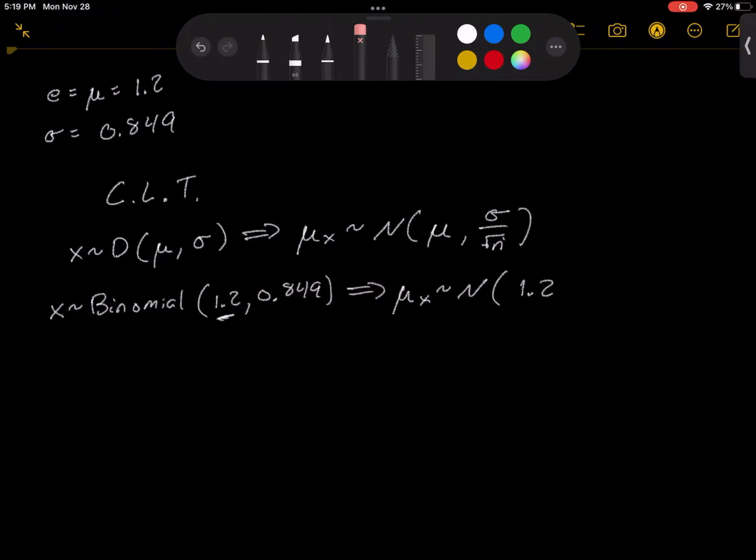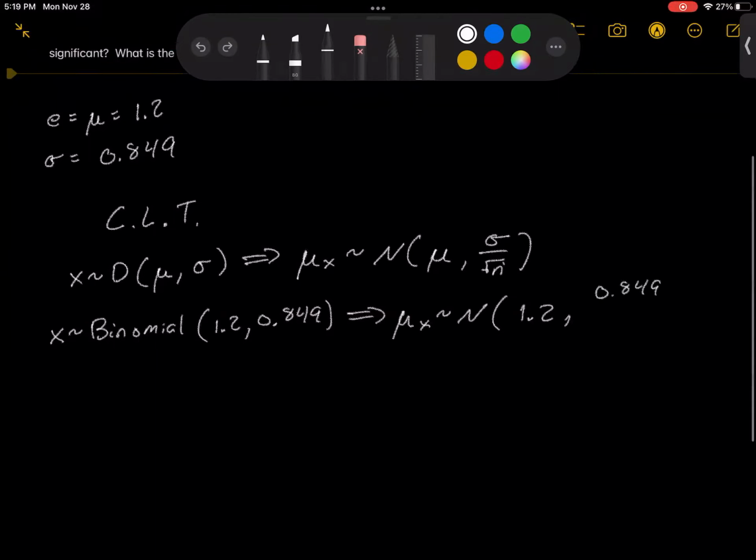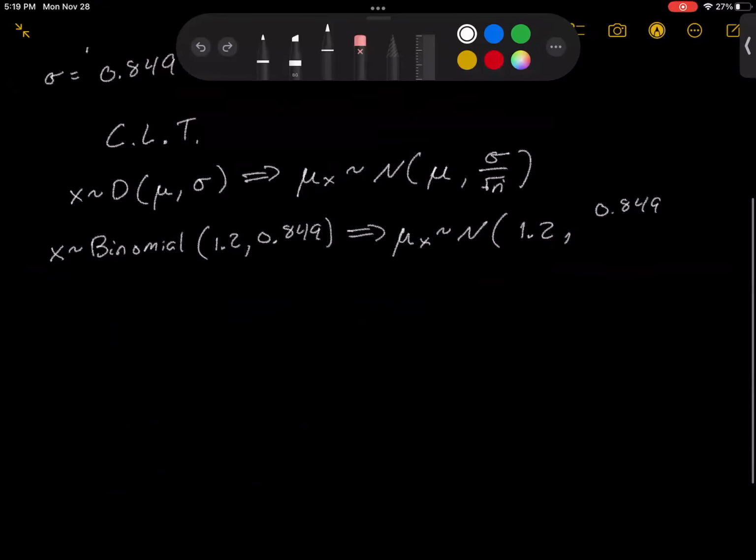And my new standard deviation is given to me by 0.849, my original standard deviation divided by the square root of n. So how many times did I roll this die? 3 times. So I had 3 rolls 50 times. So I took 50 different averages. All right. So the average number of twos, let's go ahead and tell ourselves what these numbers are. The standard deviation for the number of twos is about 0.12.